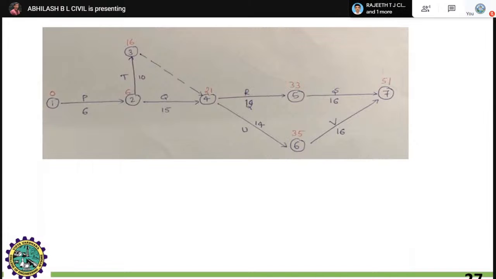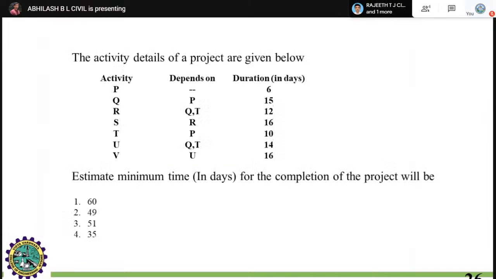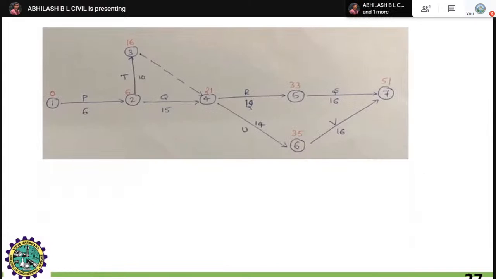Before going to R, you can see that without completion of Q and T, R cannot move on. That is how you can place T and Q with a dummy activity. The dotted line is termed a dummy activity. Don't bother about the red numerals. Just note down only the blue part.